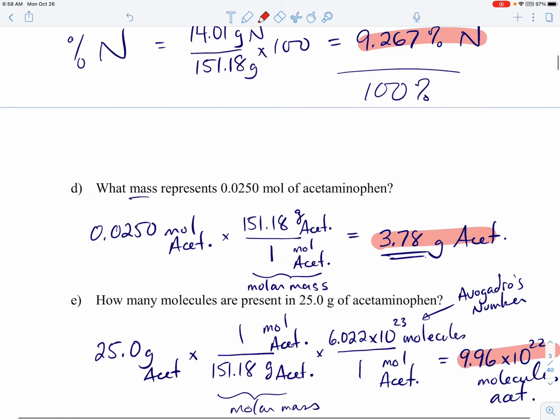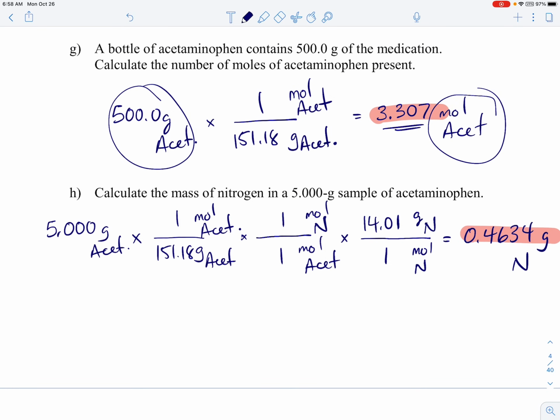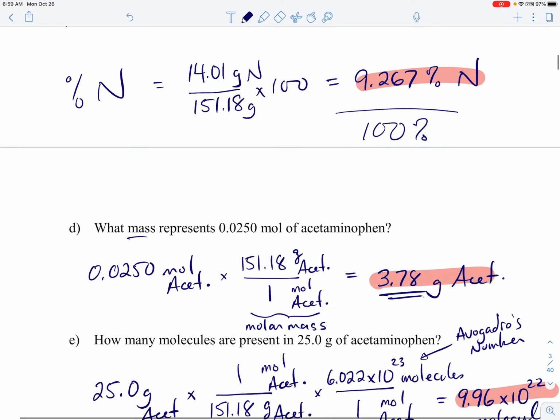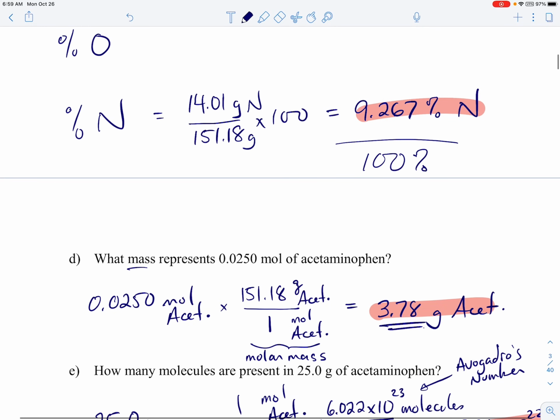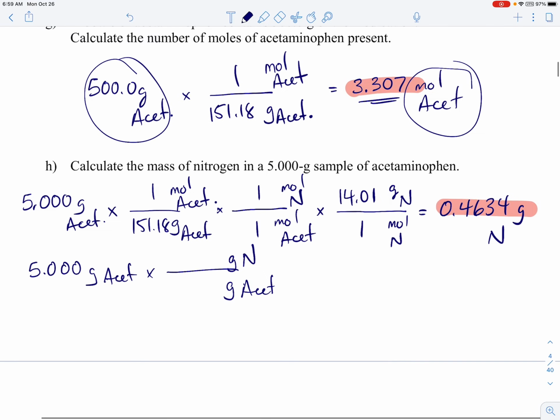So we could have used that down here. We could have said to ourselves that in 5.00 grams of acetaminophen, we could have got rid of the grams of acetaminophen and switched to grams of nitrogen because we had the percent composition already done. 9.267 grams of nitrogen for every 100 grams of acetaminophen.